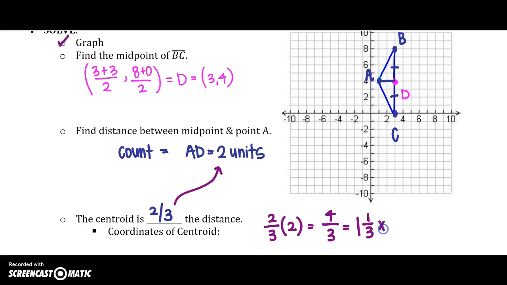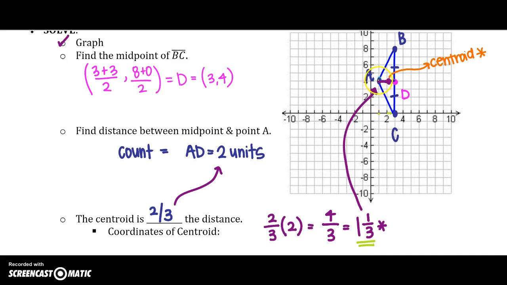That number is telling me I need to start at A and go over 1 1/3. That placement right there is where I put my point, which is my centroid. And remember, back up at the top, that is where I want my pole to go, because then it makes my triangle balance. But we need to find the coordinates of that.